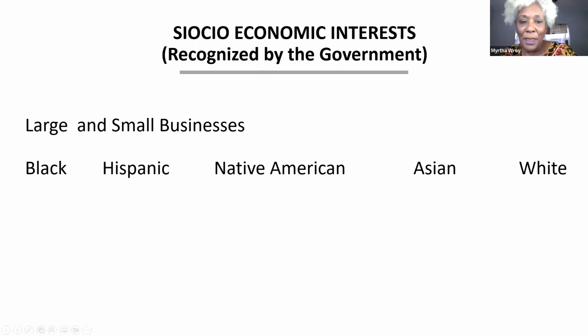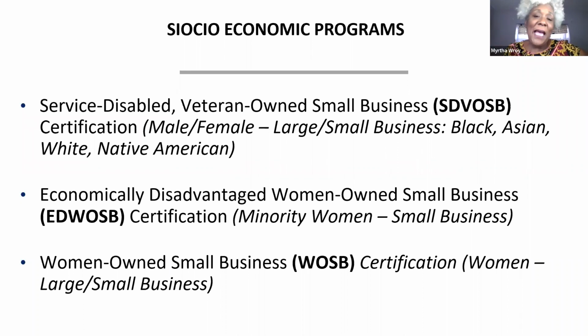That's why I'm going to show you why it's important to put yourself in as small a group as you can, because there are monies set aside for these socioeconomic programs where you don't even have to compete with all the big players. So for service-disabled or just veterans in general, whether you're a large or small business, as long as you have served, whether male or female, it doesn't matter what your ethnicity is.